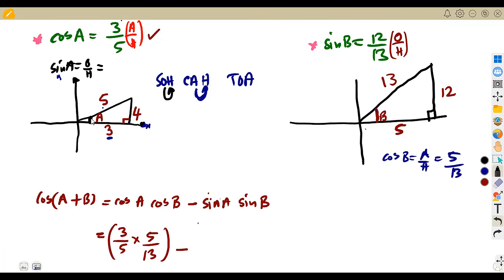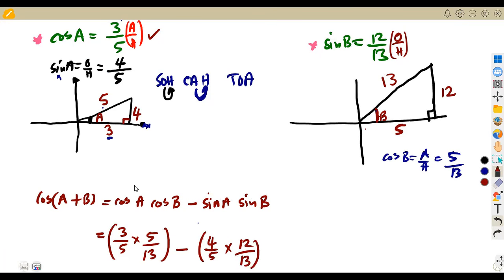So according to angle A here, the opposite is 4. So it is going to be 4, which is the opposite over the hypotenuse, which is 5. So that is going to be 4 over 5. So you're going to have 4 over 5 times the sine of B. So the sine of B we already have. We are given the sine of B there, which is 12 over 13, like this. All right.